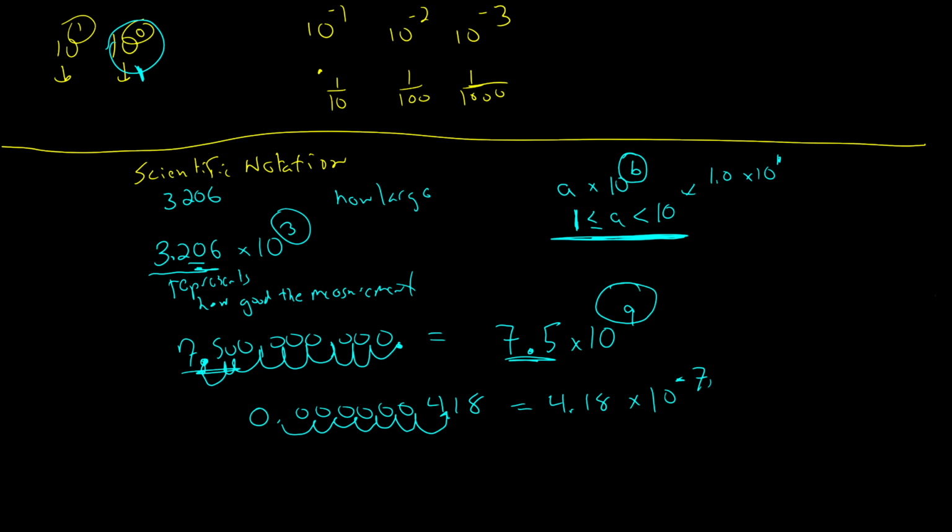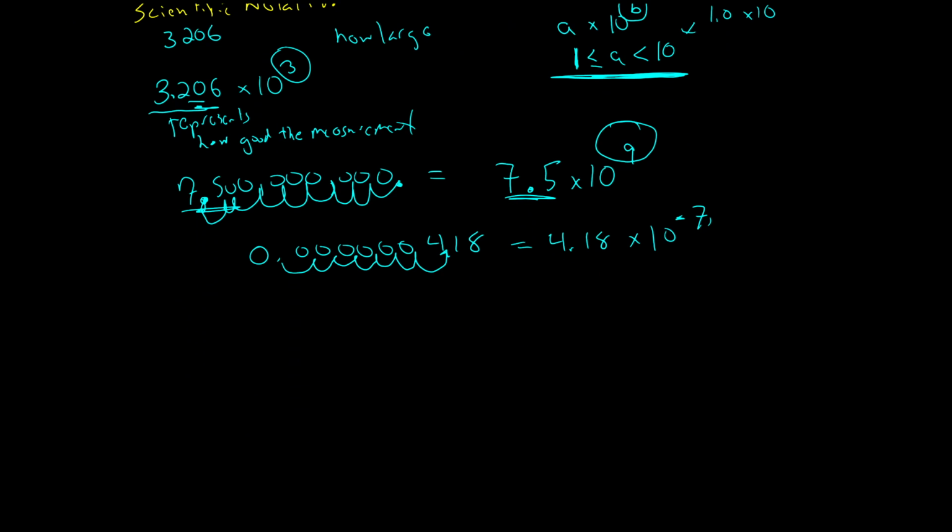Now here comes the useful part of scientific notation. Let's say I have 7.5 times 10 to the ninth people in the world. And each of them ends up with, let's say, I know roughly for a fact that fingernails grow about 2 centimeters per year, so that's 2/100ths of a meter.